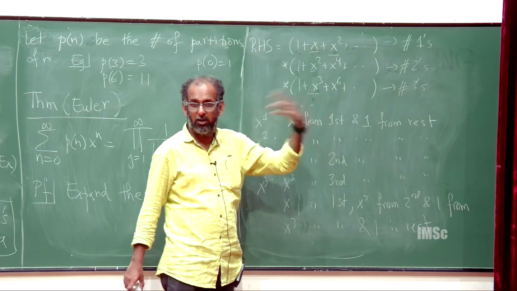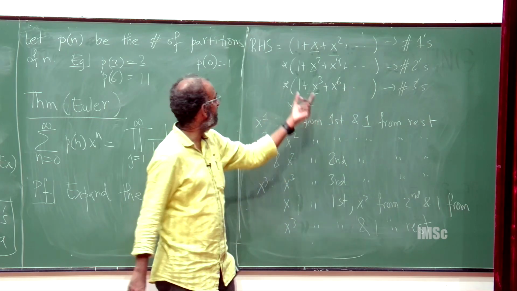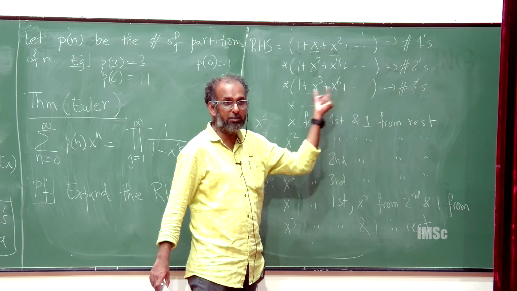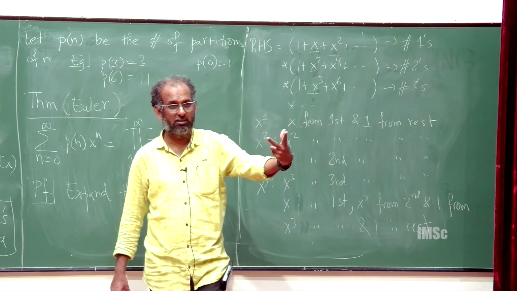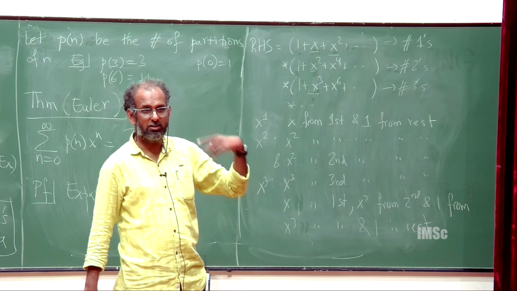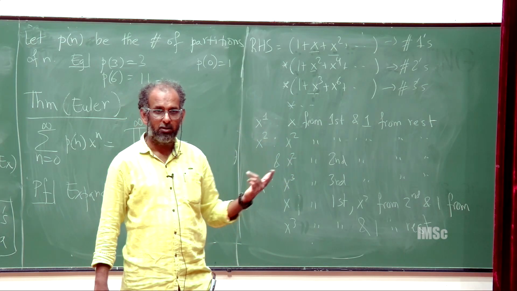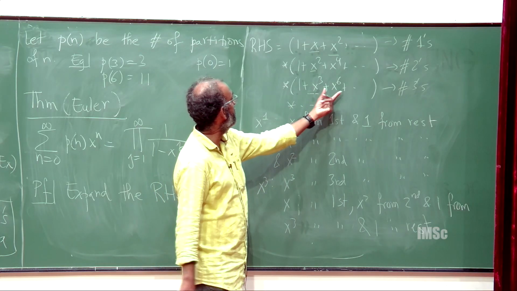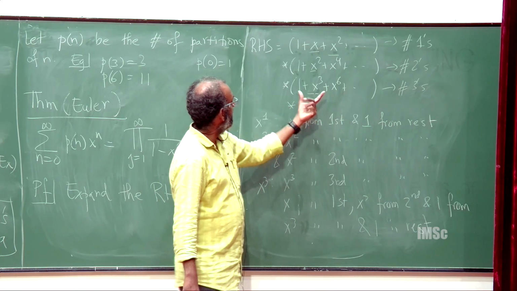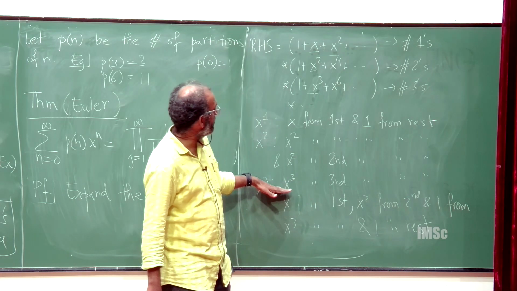That corresponds to having how many 3's? Everything is a power multiple of 3. So if I take an x^6, that would mean two 3's, because two 3's give a total content size of 6. So this thing corresponds to a 3.